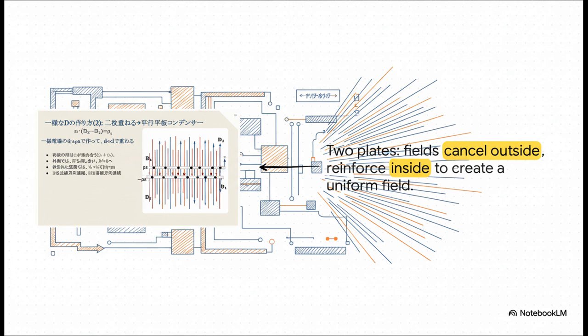Now, you bring in a second plate with the opposite, negative charge. And look what happens. Outside the plates, their fields are pointing in opposite directions, so they completely cancel each other out. Poof, gone. But between the plates, the fields point in the same direction, and they add together, creating this beautiful, perfectly uniform electric field. And just like that, we've engineered the very heart of a capacitor.